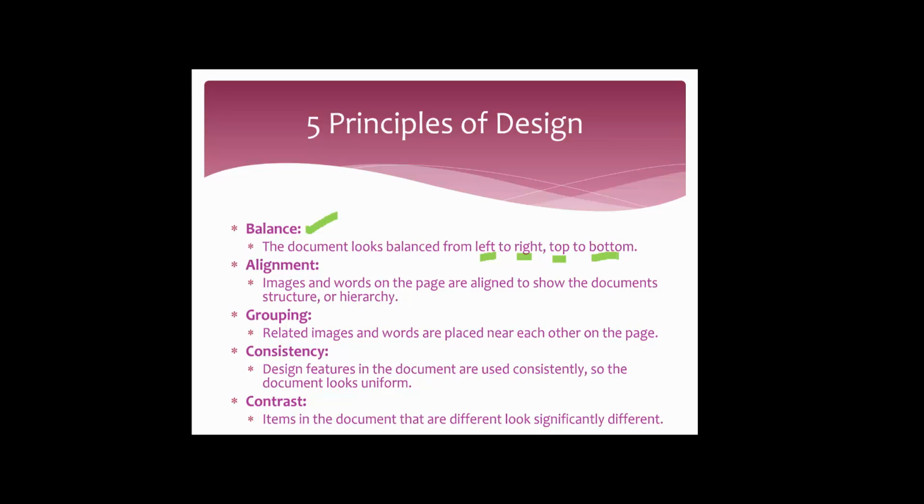If it's pulling someone's sight to the left or to the right or to the top or the bottom, you want to make sure that that was by design, that you meant for their eyes to continually be pulled to the right or to the left or the top or the bottom. So you need to make sure that the whole design balances out, and we'll talk about ways to do that.